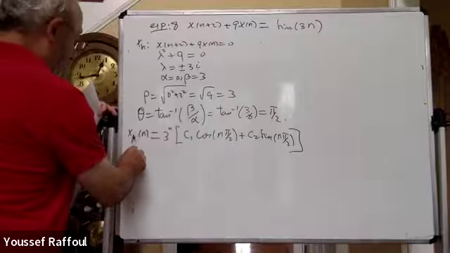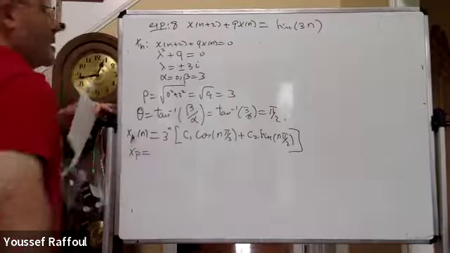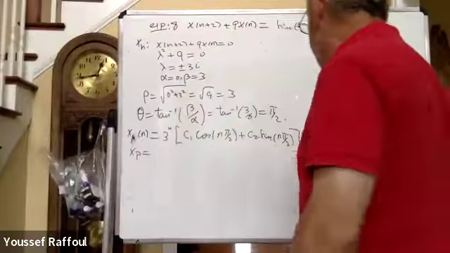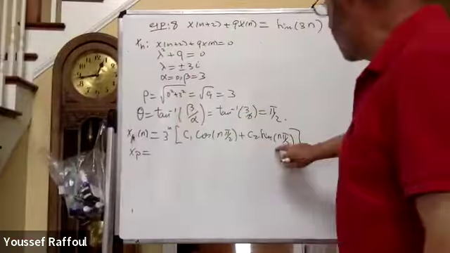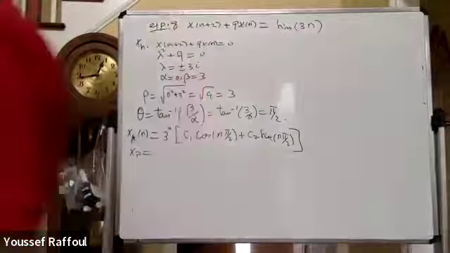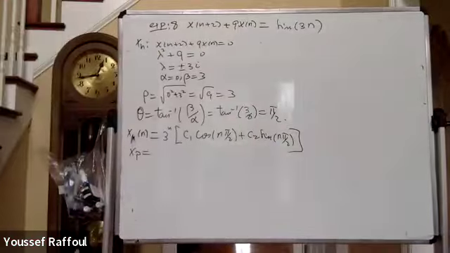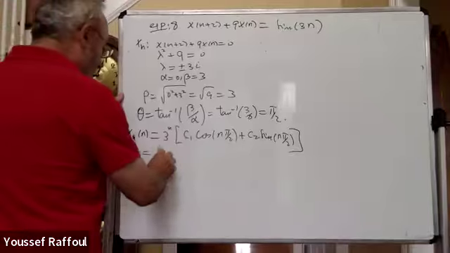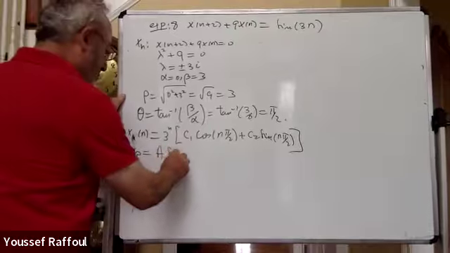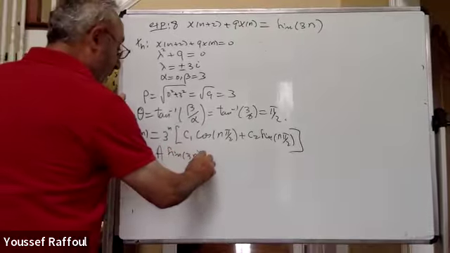Now, for xp, the function is sine 3n. None of it is in xh, so we only worry about the sine 3n. So it's going to be a sine 3n.